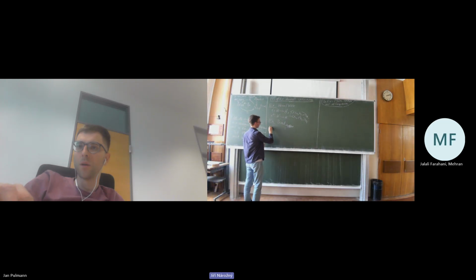Let's say in the setting of d equals 1, a closed zero-dimensional manifold is a collection of points. So maybe this could be an object in this category, and this could be an object in this category, and so on. Those are the objects.